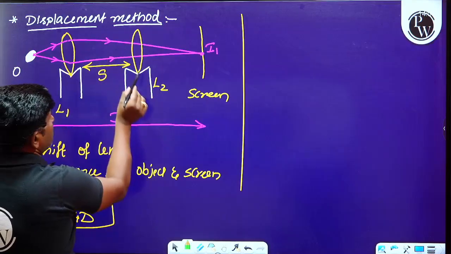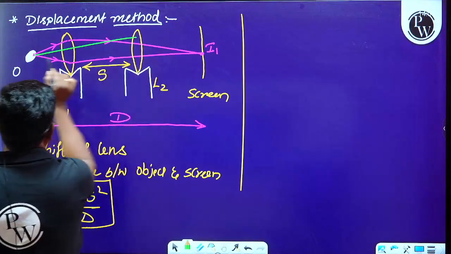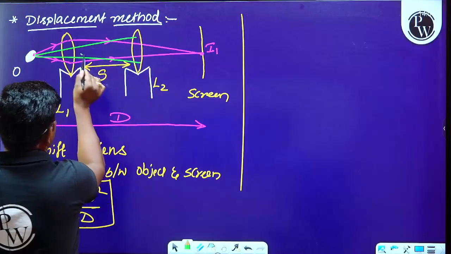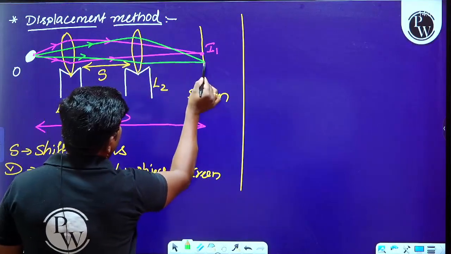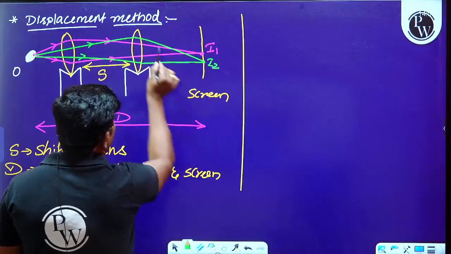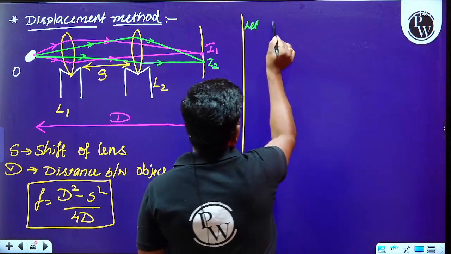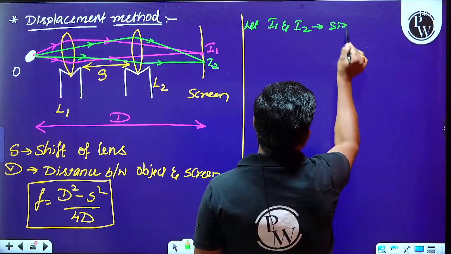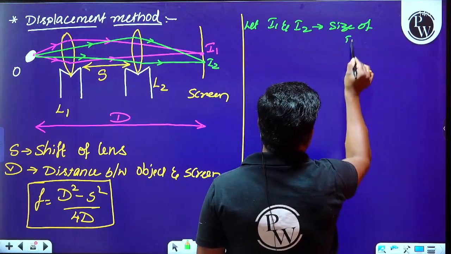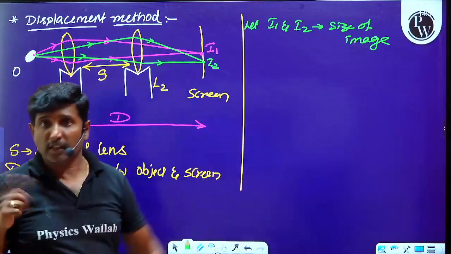When the lens is in the second position, the light which is incident on the lens will form the image. Let I1 and I2 be the sizes of the image when the lens is at L1 and L2 positions.